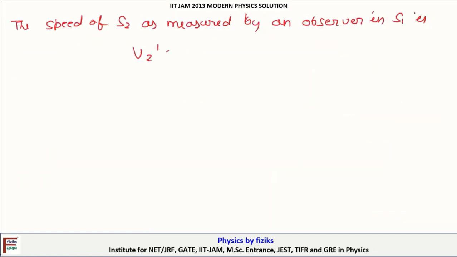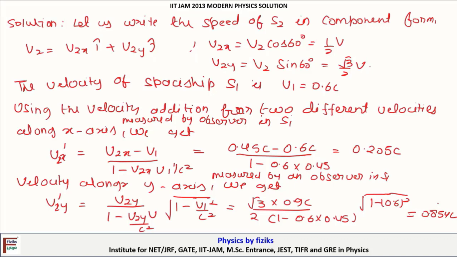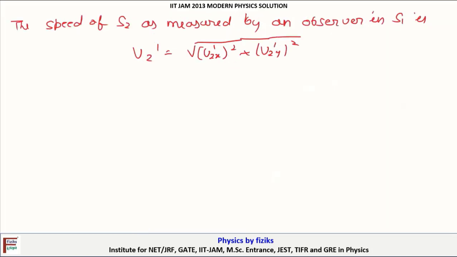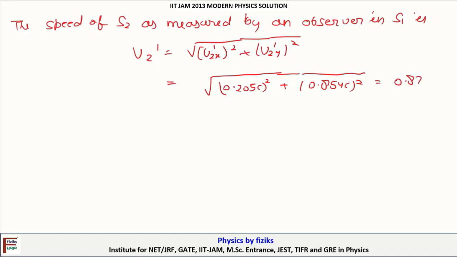So V2' would be the square root of V2x'² plus V2y'², which gives us √(0.205²c² + 0.854²c²) = 0.878c.